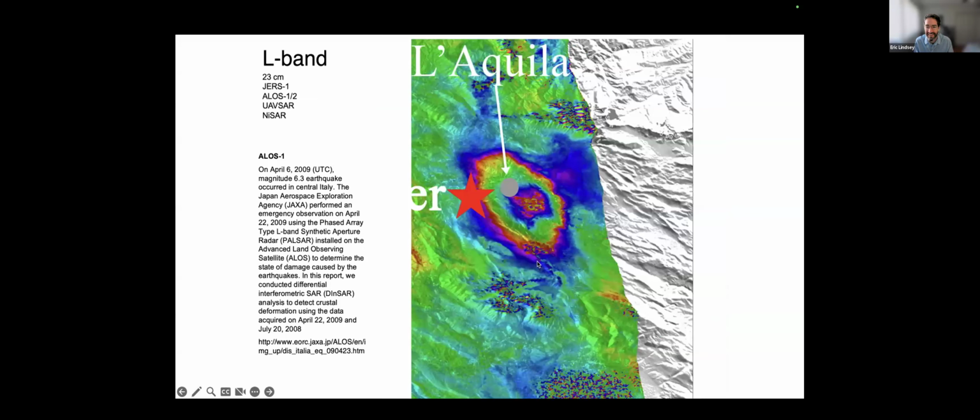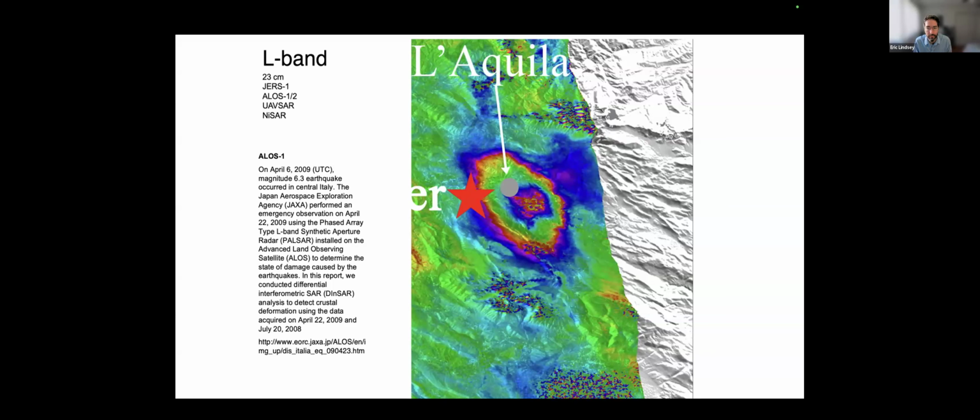The L band image looks kind of funny, but it has very few fringes, right? Because the wavelength is longer, so the deformation per fringe is much more. But the coherence is basically perfect. There are only a few little areas that might be related to layover or shadowing of the image in the topography. So basically the L band works through vegetated areas, right?